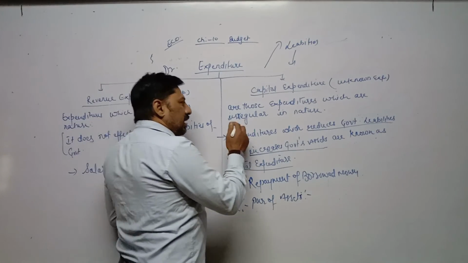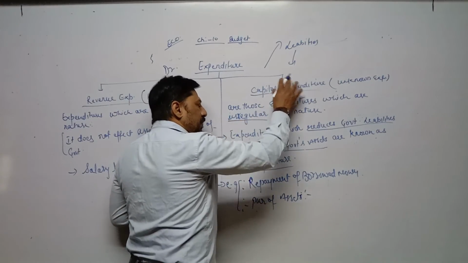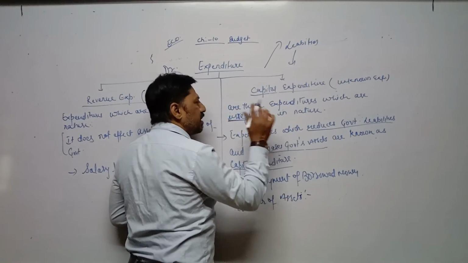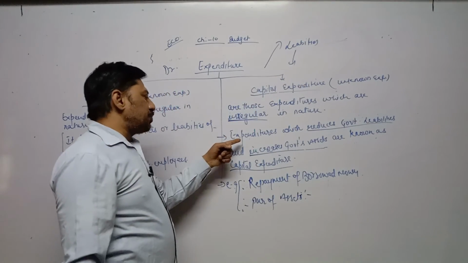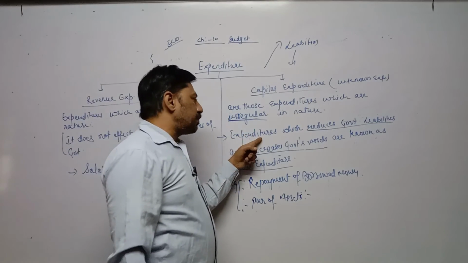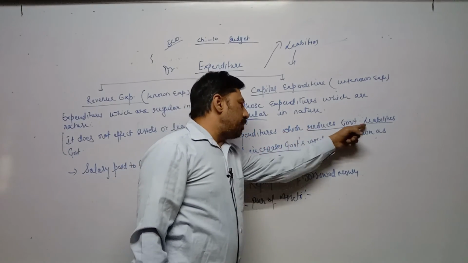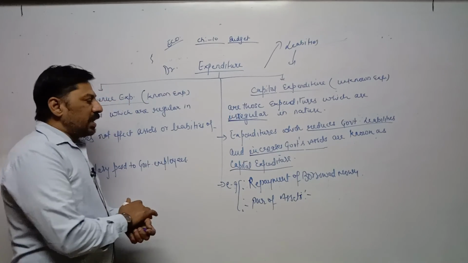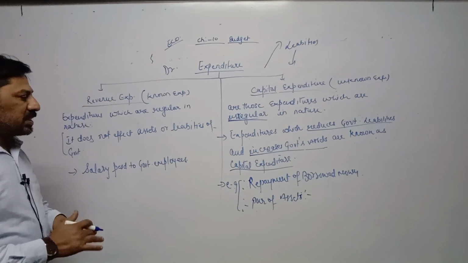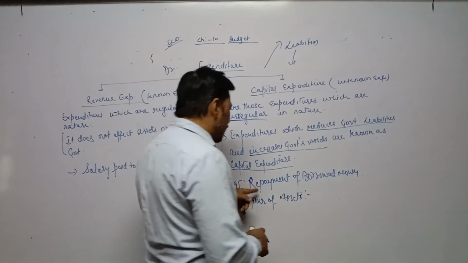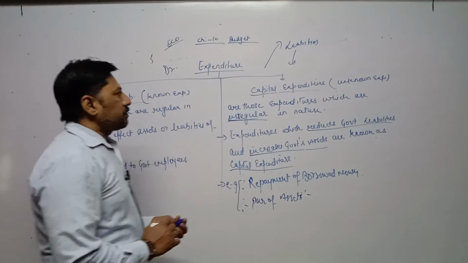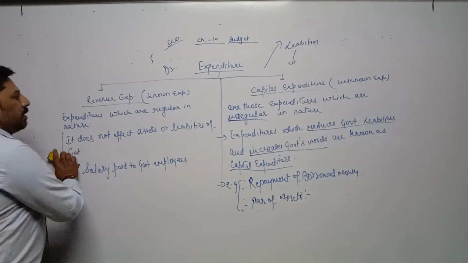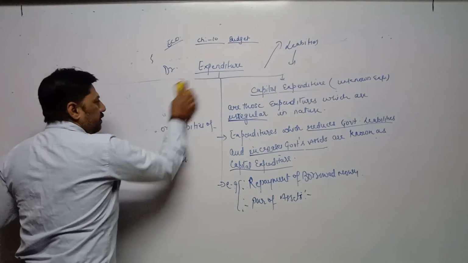Capital income and capital expenditure both are irregular in nature. Technically, capital expenditures are those which reduce government liabilities and increase government assets, for example repayment of borrowed money and purchase of assets. But all expenditure will be shown on the debit side of the government budget.